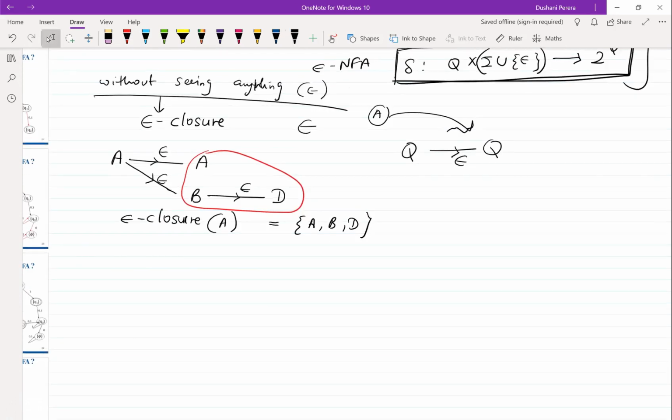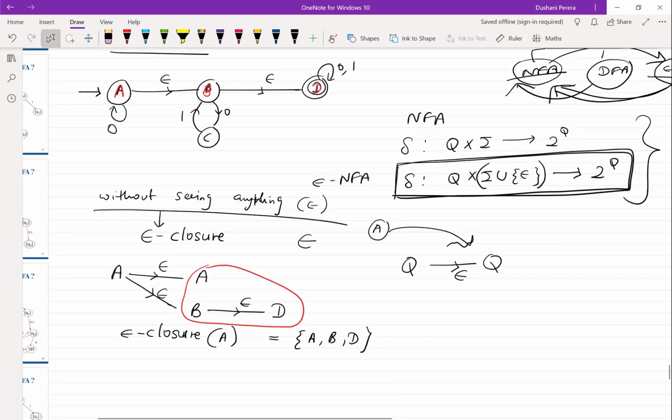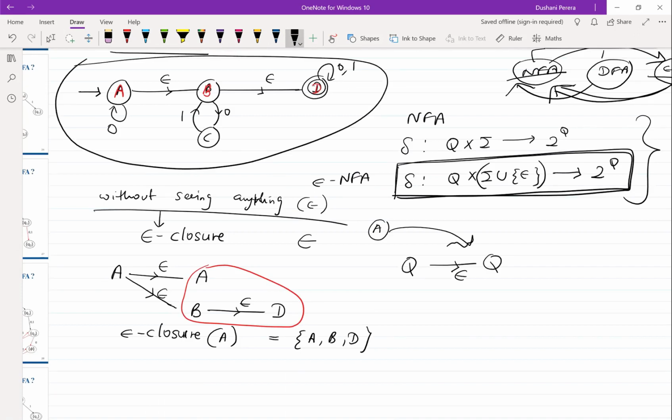Now let's see how we can convert this epsilon NFA, this one, to an NFA. Let's see how to make an NFA from an epsilon NFA. Right? After that, we can convert that into a DFA as well. Okay, now we are going to look at this. Then we can do this as well.